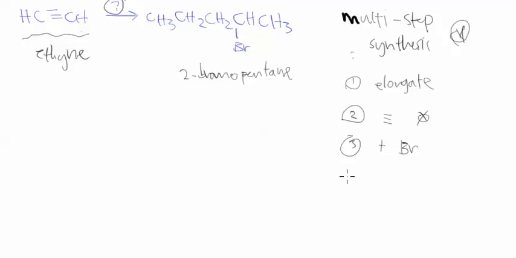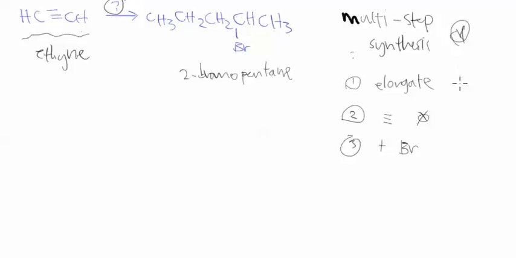So I need to add bromo in some form, in some fashion along the course of the way. There are a couple of steps here that we need to walk through, that we need to really understand before we go further and do even more complicated examples. So let's start off with number 1. I know I'm going to have to elongate the chain. So now I have to think about what reagents I can use to actually elongate a carbon chain in organic chemistry. And we've talked about that.